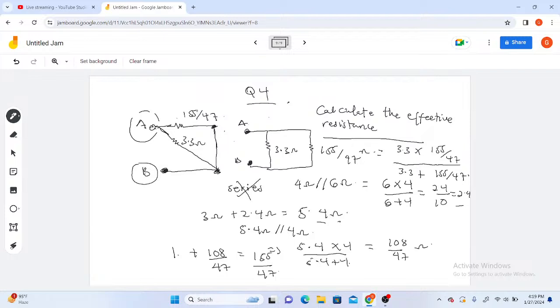So let me clean this part so you see the answer. Let me write it somewhere here. So you realize that our total resistance RT from this expression here is giving us 1.649 ohms, and this is the effective resistance of the circuit we started with. Please, this is the end of this particular problem.